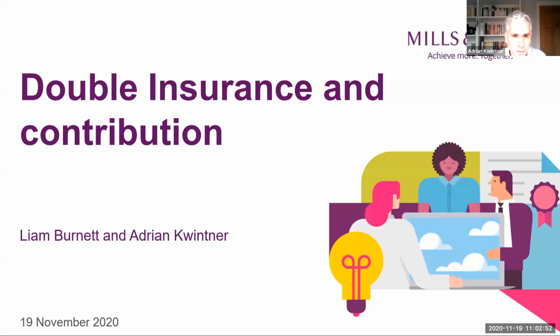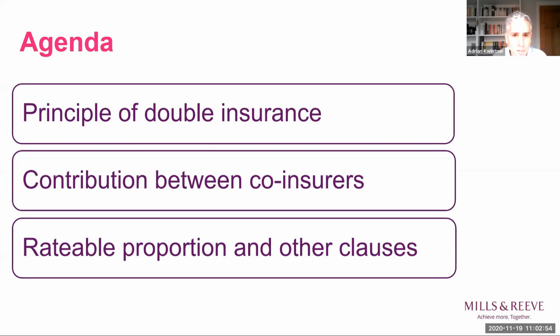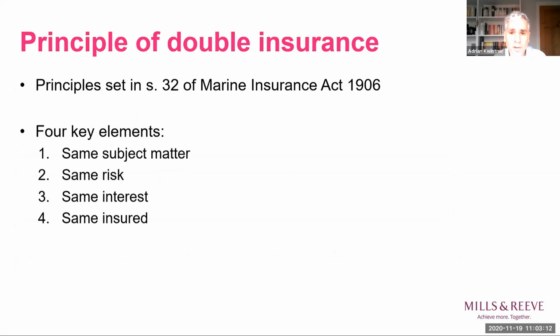So moving on to the first slide. Double insurance and contribution between co-insurers go hand in hand. I'm going to talk about double insurance and Liam will talk about contribution. The principles of double insurance are set out in Section 32 of the Marine Insurance Act 1906.